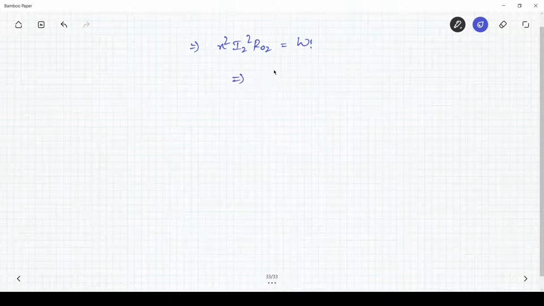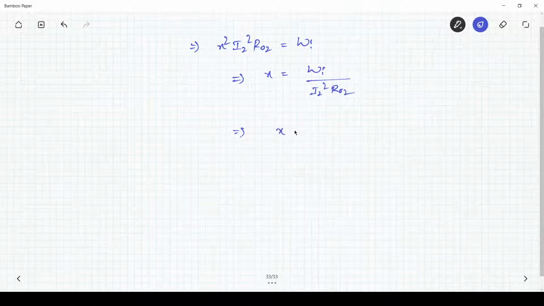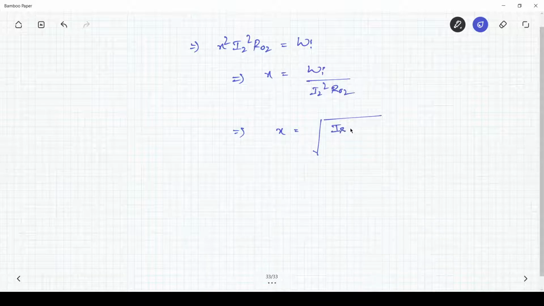That implies x is equal to the square root of Wi by I2 square R02. Here I2 is the full load current, so it is the square root of iron loss by full load copper loss.